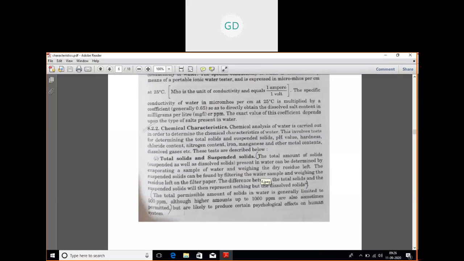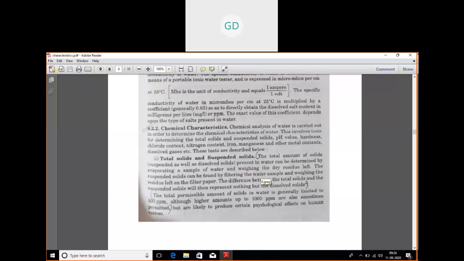For total solids, we just evaporated the water sample directly by heating. Then there is a certain formula, using which you can find the total solids. The procedure is that you have to evaporate the water. Now, for suspended solids, you need a filter paper that has very minute pores so that it can retain the residues. You take a dry filter paper and weigh it first.